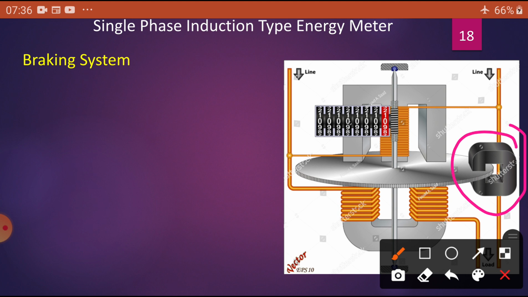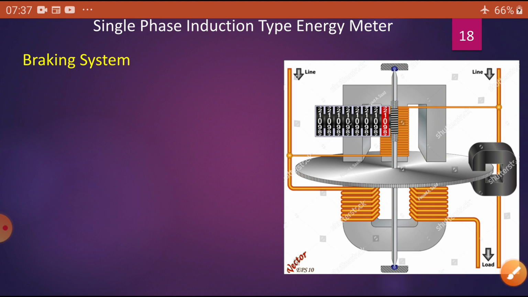You can see in the figure, this is known as the series coil. This is known as the pressure coil, M2. Observe the thickness of this one and the thickness of this one. Now the aluminum disc is placed on a light spindle placed in pivots, and the register mechanism is also provided.